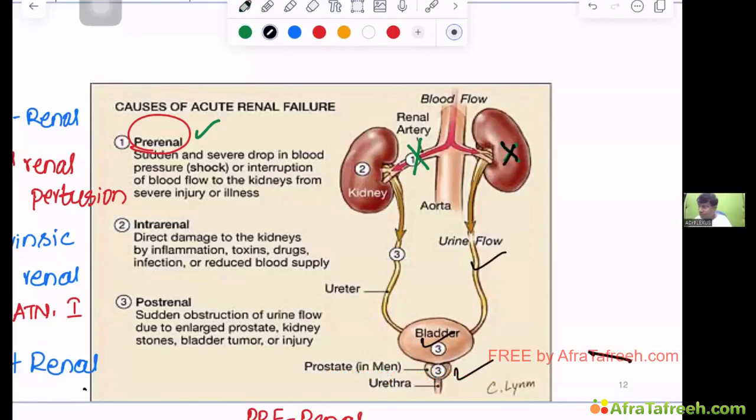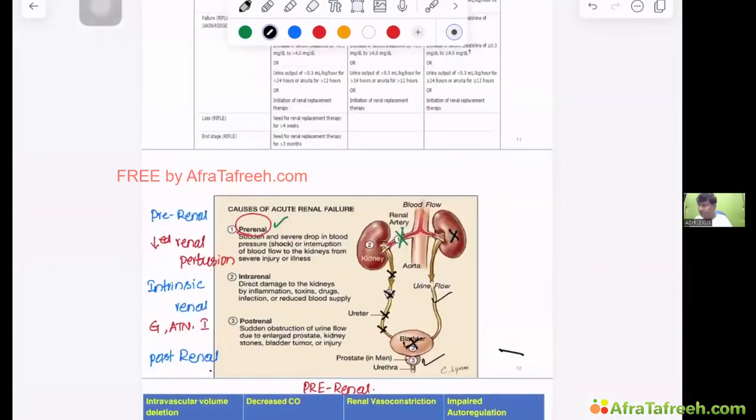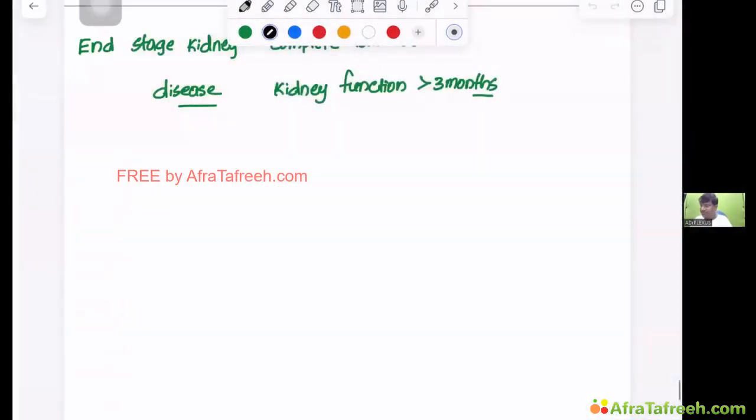And if the pathology is outside the kidney, that is in the ureters or in the bladder, that will be post-renal type of acute kidney injury. So these are the 3 ways by which we can divide the etiology.